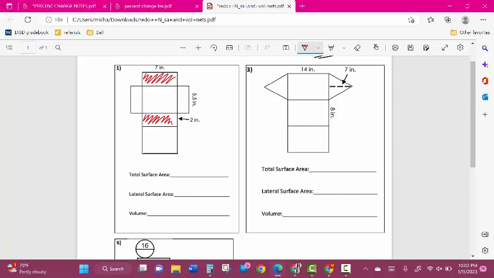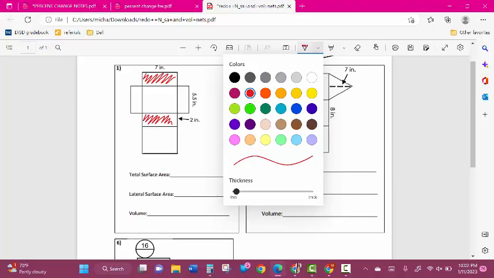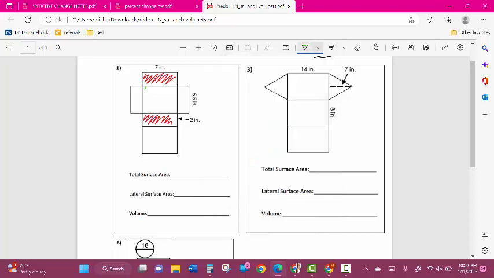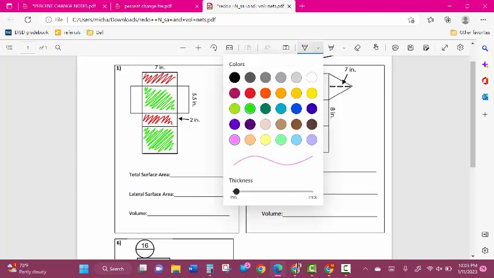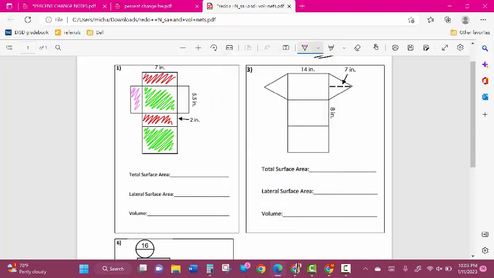This shape, in this green color, is a matching base with this shape. These are the exact same shapes, and when we fold this figure up to be a rectangular box, they would be parallel to each other. This rectangle is a matching base with this rectangle.